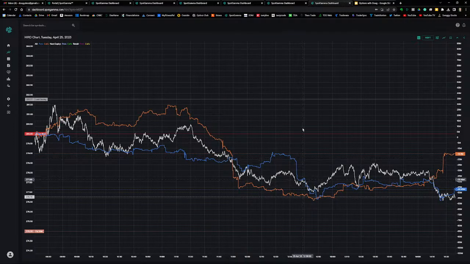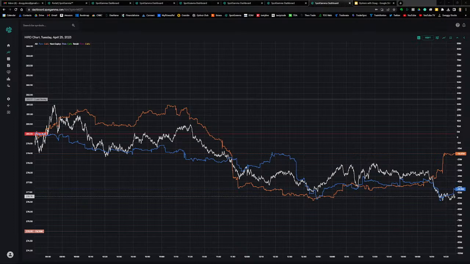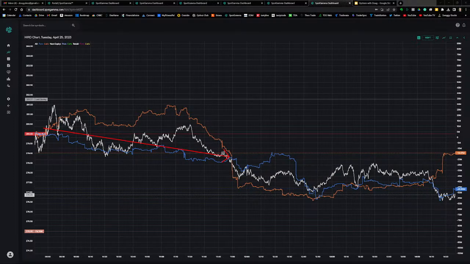This is what I saw this morning: if you break out puts and calls, traders were buying puts starting just a few minutes after the open, and price responded lower. They initially started buying calls, and that didn't last long. Meanwhile, other traders were buying puts, and price moved lower.